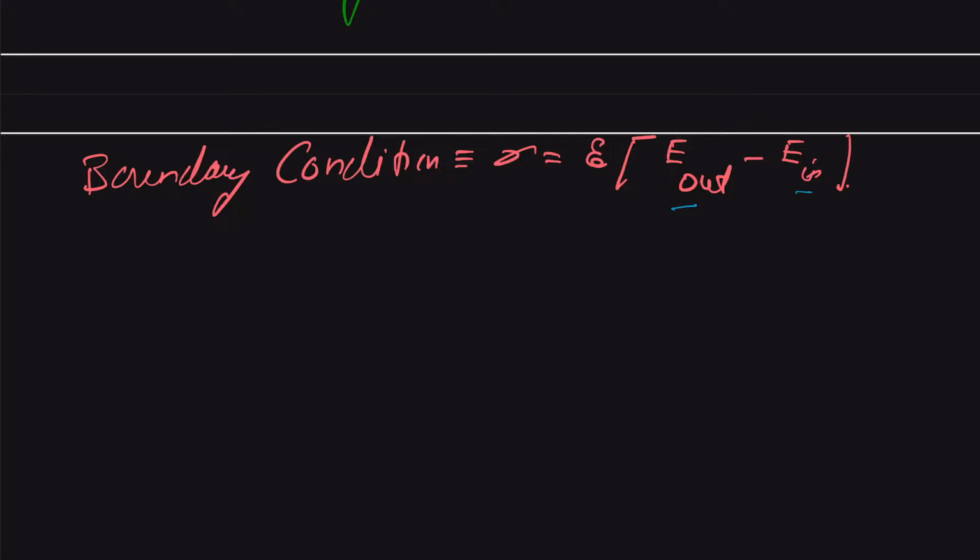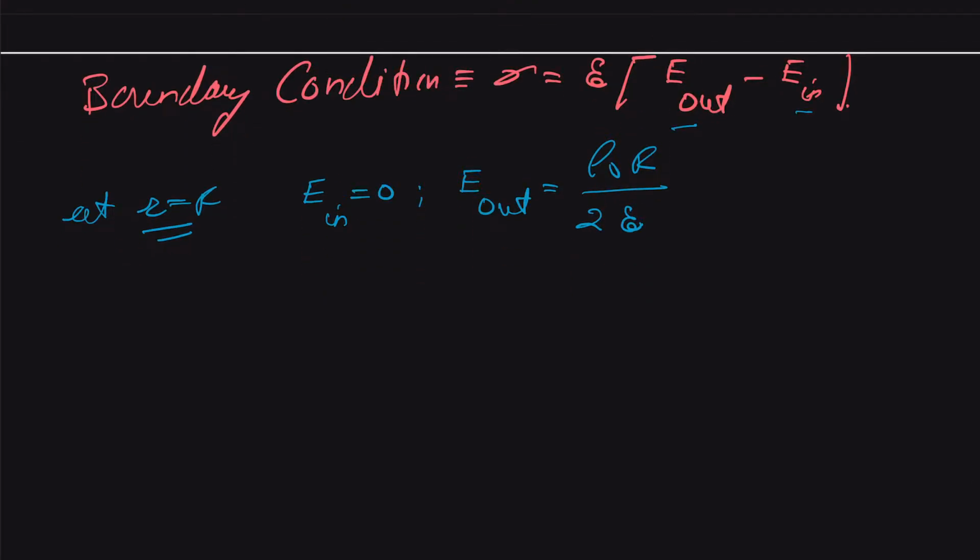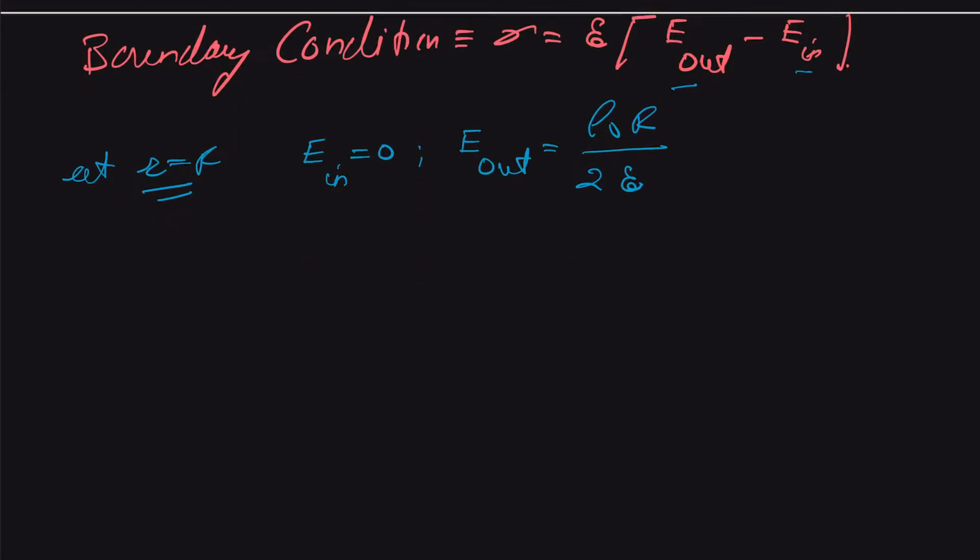So at r is equal to capital R, we already know that our electric field inside will be equal to 0 and electric field on the out is equal to rho naught R upon 2 epsilon naught. And therefore we substitute it here, so we get our charge density is equal to epsilon naught, and this comes as rho naught R upon 2 epsilon naught minus 0.